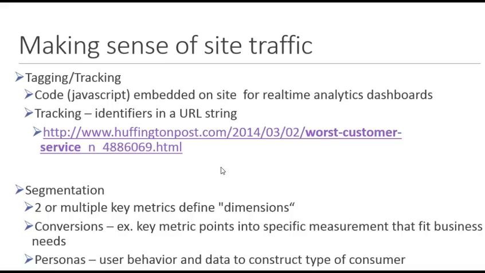So internally you can have different content categories. But in terms of the data side, you can pull together elements such as new visitors from search engines or social networks, that might be a segmentation, or visitors that are coming in from a specific region or country could be defined as segmentation.